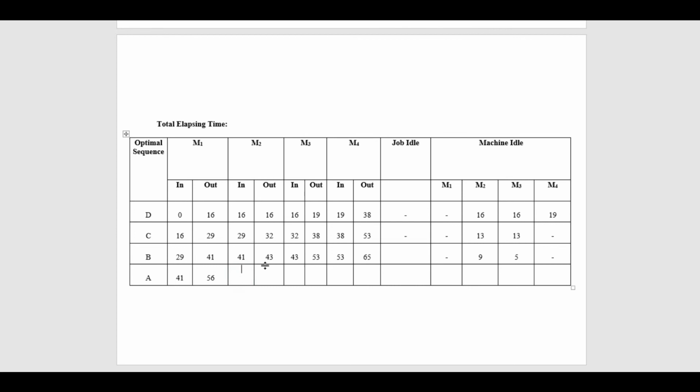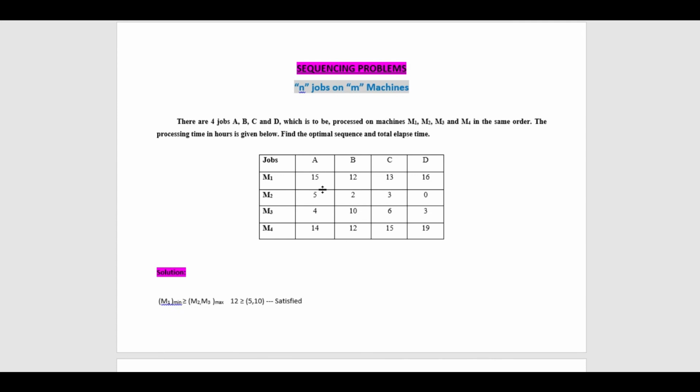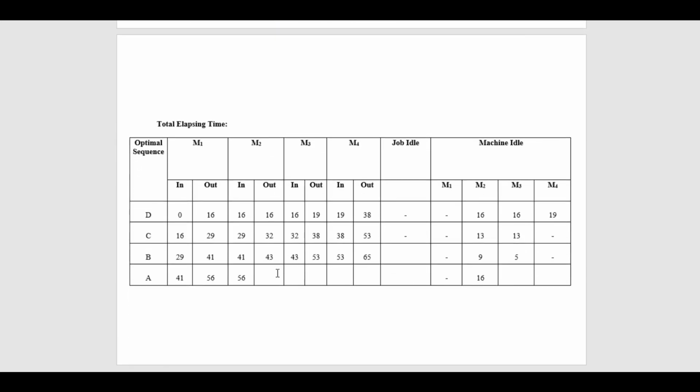Okay, so here the machine is available from the 43rd minute onwards, but the job is loaded into machine 2 at the 56th minute. So machine 2 is in idle condition for 56 minus 43, this is 16. Okay, and the processing time of A in machine 2 will be just 5 hours. So 5 plus 16 will be 61.